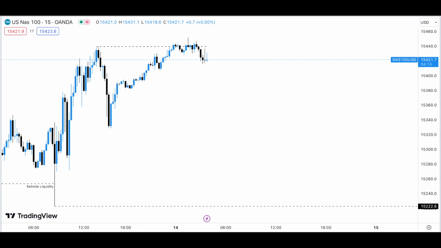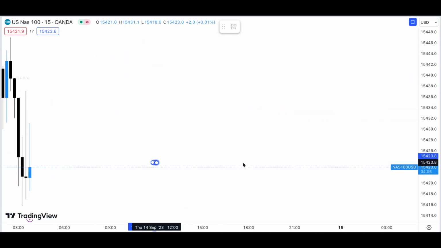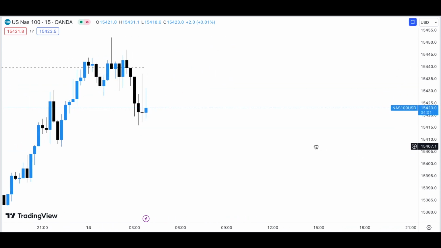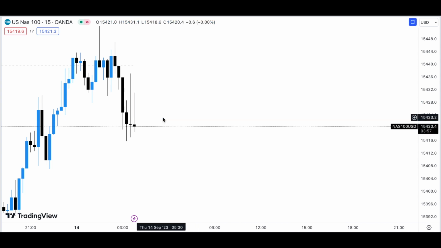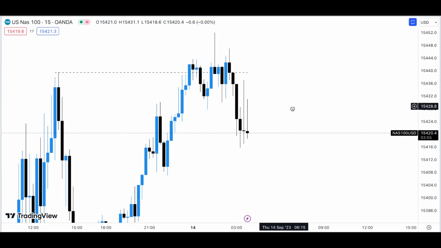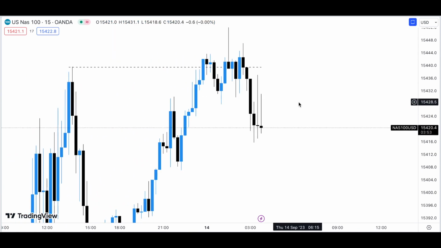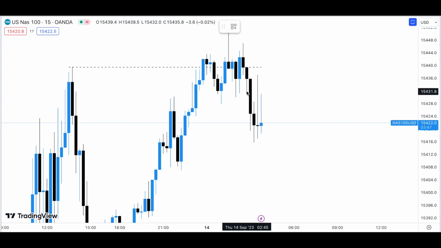So we had this fair value gap at this area. Let me zoom in on this so you can see it well. So we have something like this at this area. This is what we're looking at right now, and there's a fair value gap at this area.